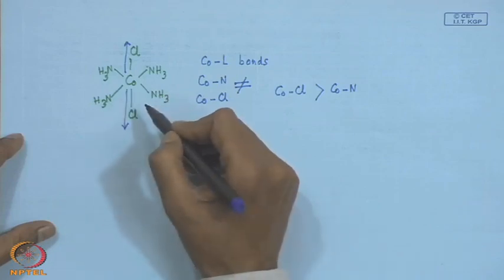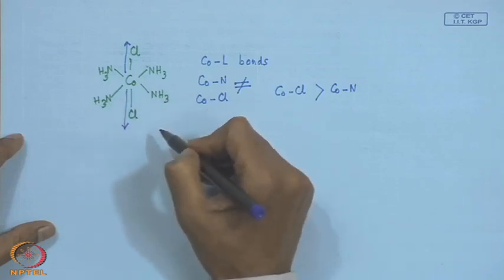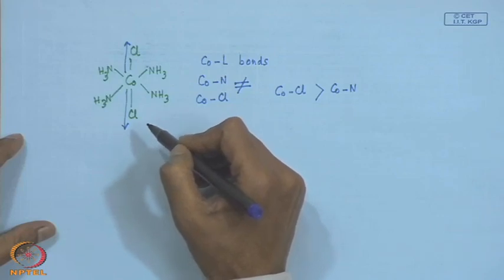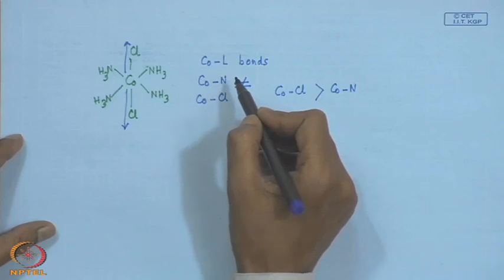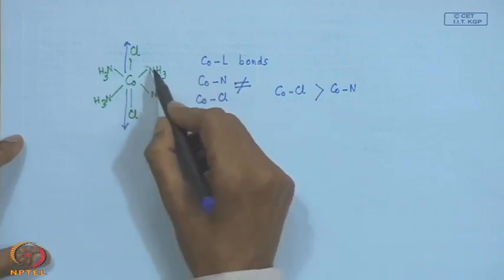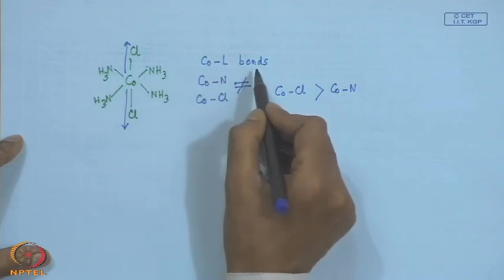As a result, we cannot consider it a regular octahedron, because by definition a regular octahedron is a polyhedral arrangement where all the metal-ligand distances are the same.